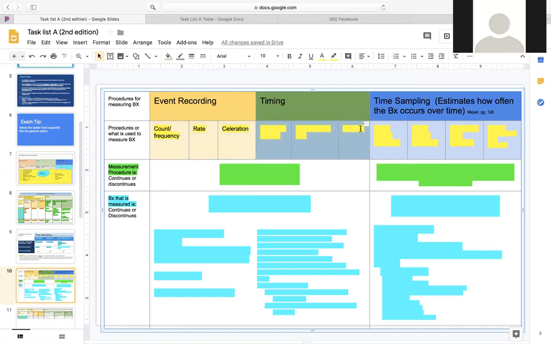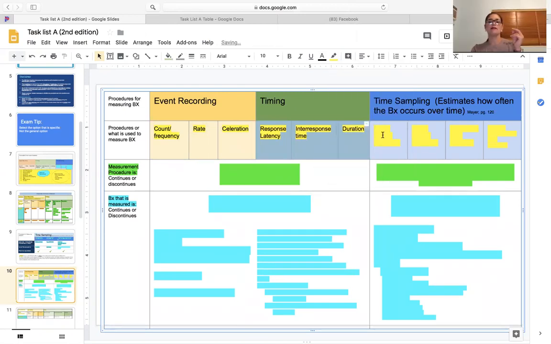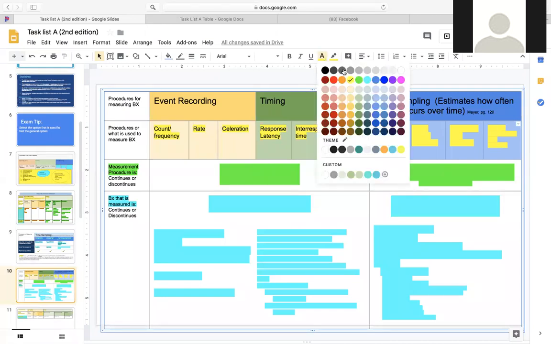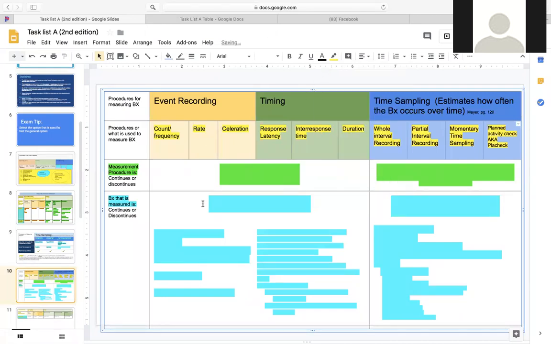Latency, IRT, duration. Yes, awesome. And time sampling, that one's easy. Ready, set, go. Whole interval, partial interval, momentary time sampling, PLACHECK. PLACHECK for what? For group. Good job, guys. That was my whole purpose of today, to do fluency for these things.